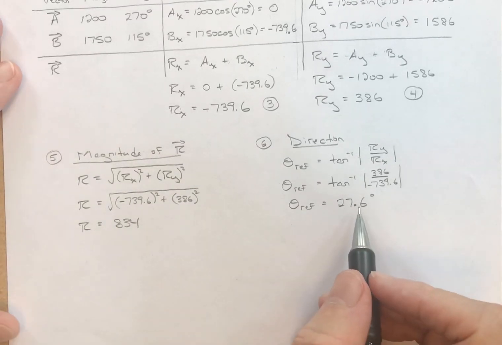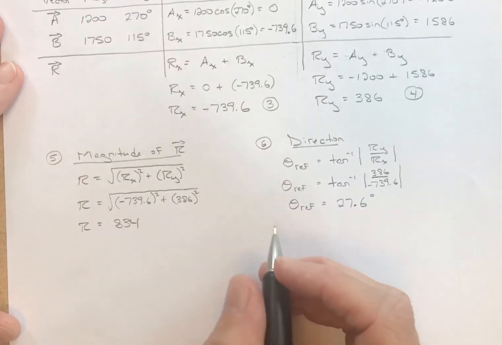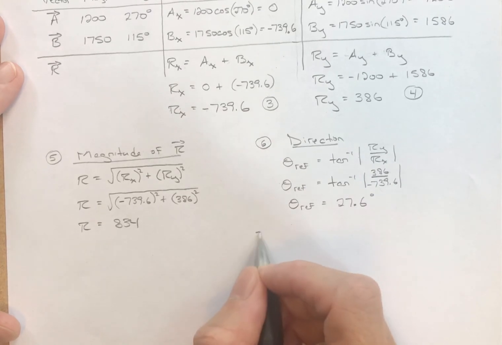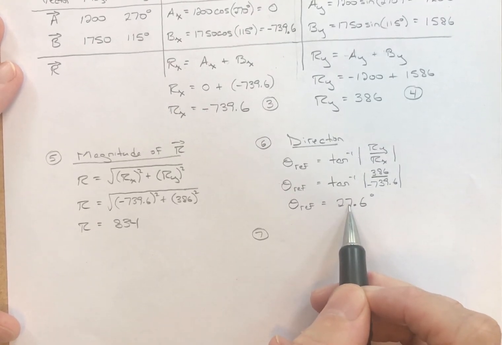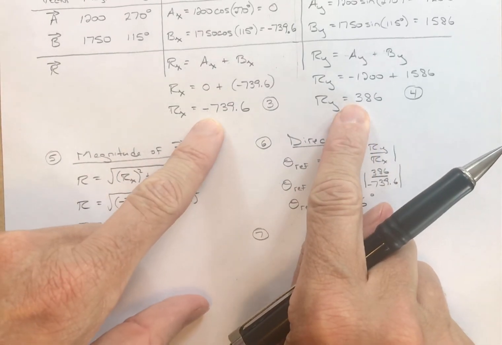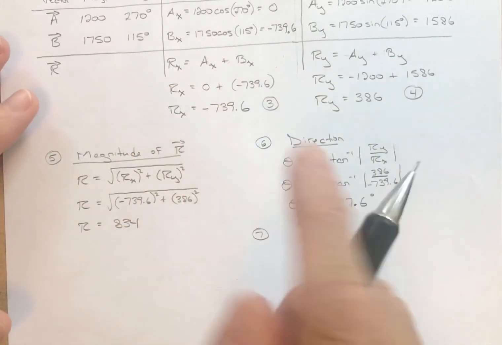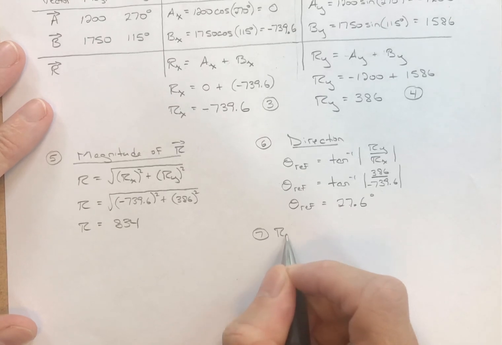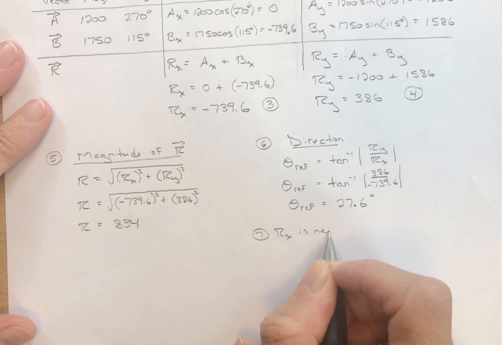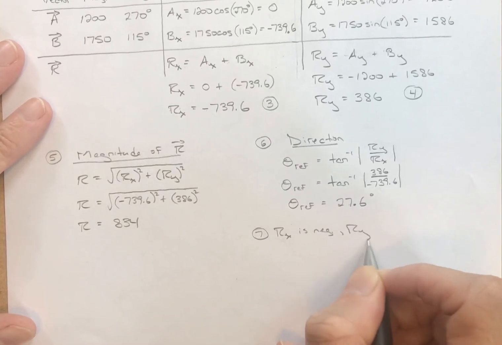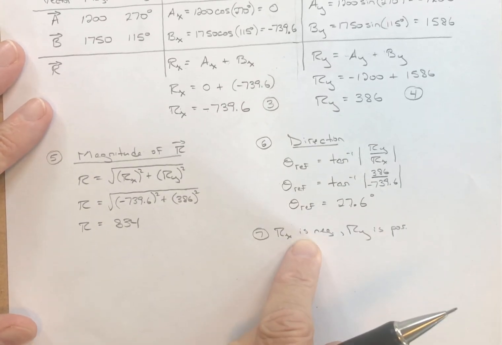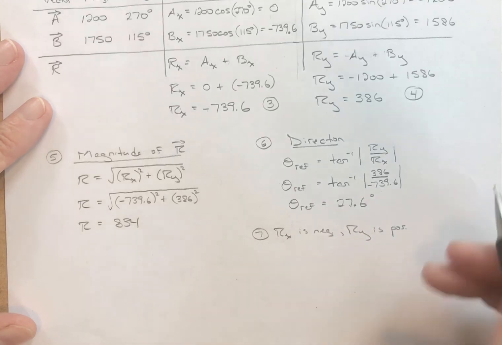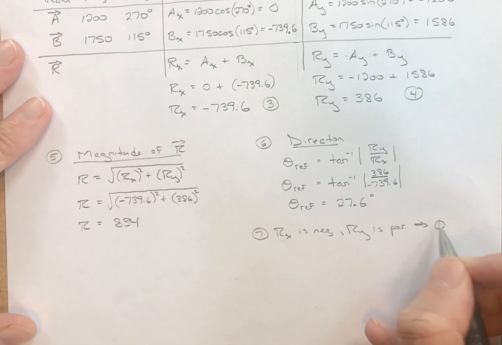Okay. However, we need to recognize, let's see here. So step 7 says, use this reference angle and the quadrant as determined by where it's located. Well, r sub x is negative. R sub y is positive. Well, x is negative and y is positive in quadrant 2. So we're in quadrant 2.